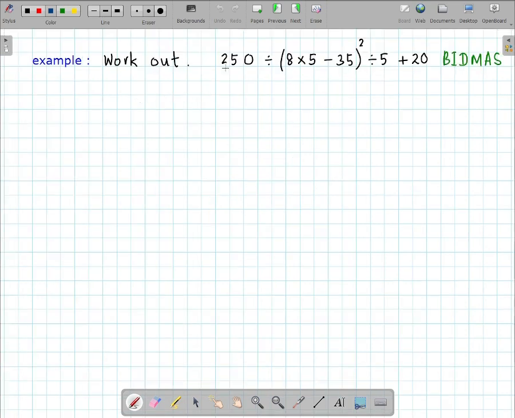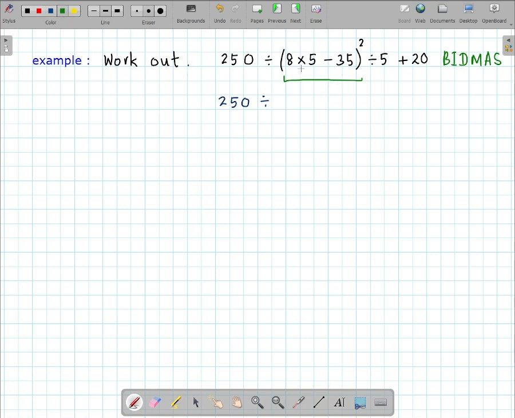Example 2, 250 division, within brackets 8 times 5 subtract 35 to the power 2, division 5 and 20. So according to BIDMAS, we have to start from brackets. We have to start from bracket. So others I have to continue writing 250 division, and I have to simplify the bracket inside.